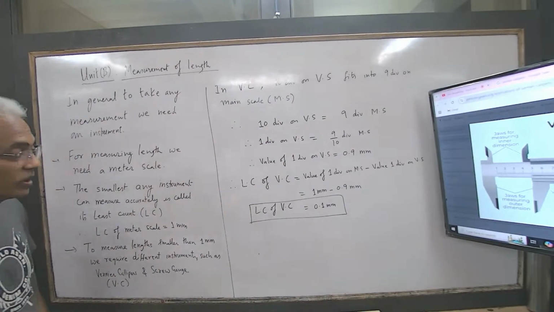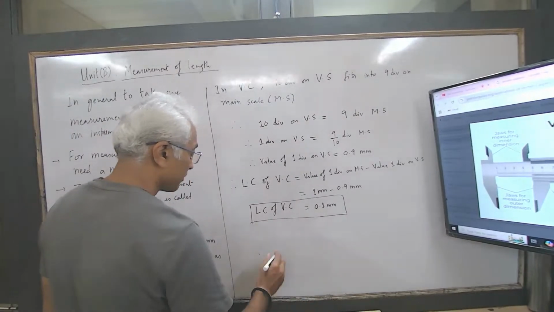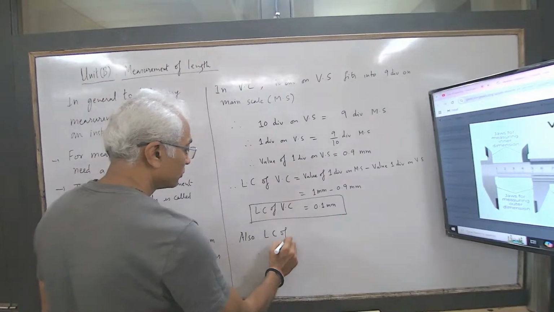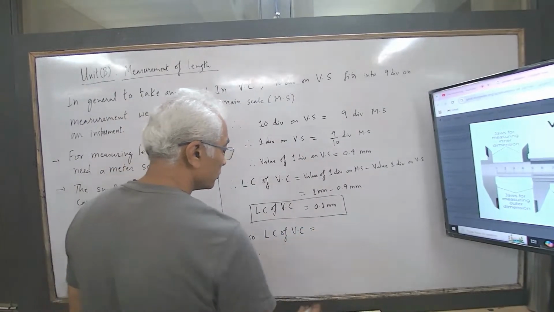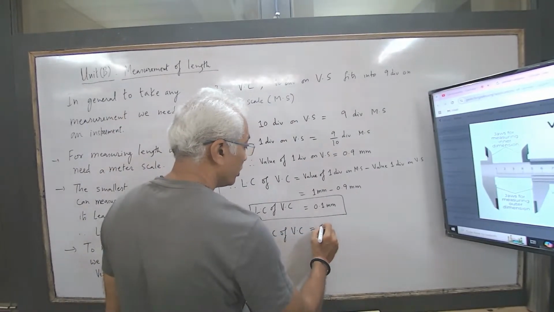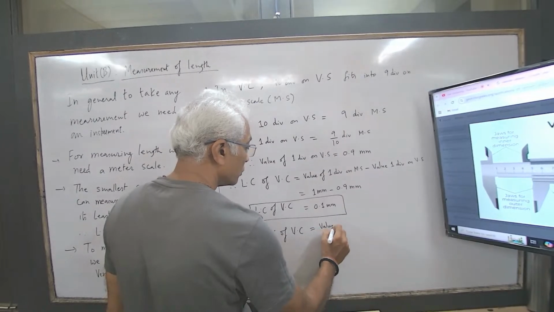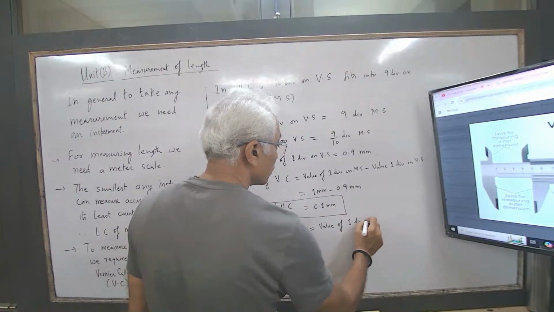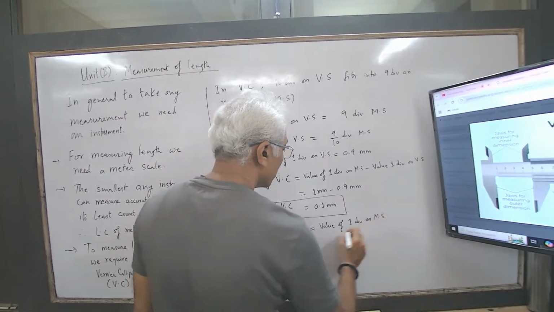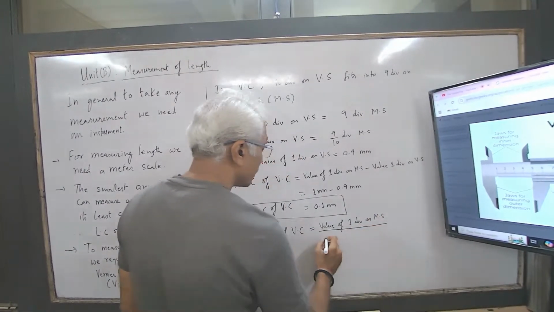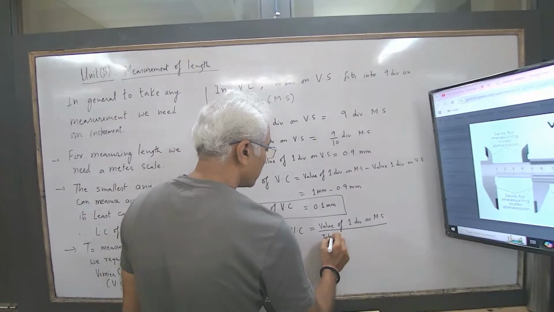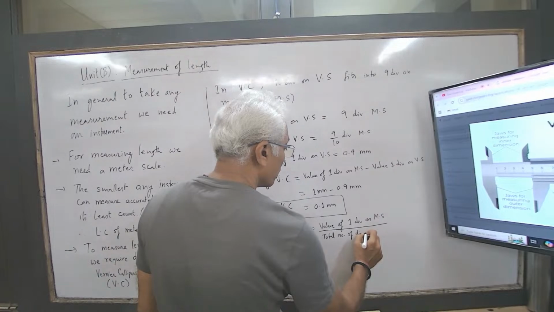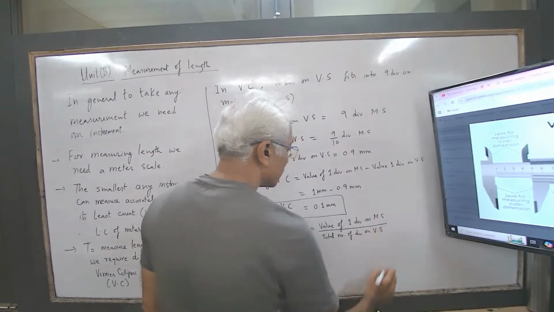There is one more way you can find the least count of vernier calipers. Also, least count of vernier calipers is equal to the value of one division on main scale divided by the total number of divisions on vernier scale.